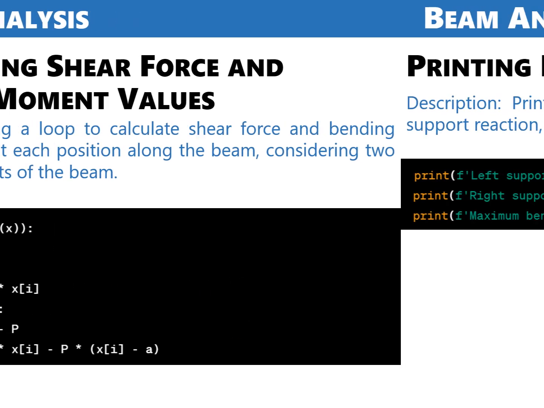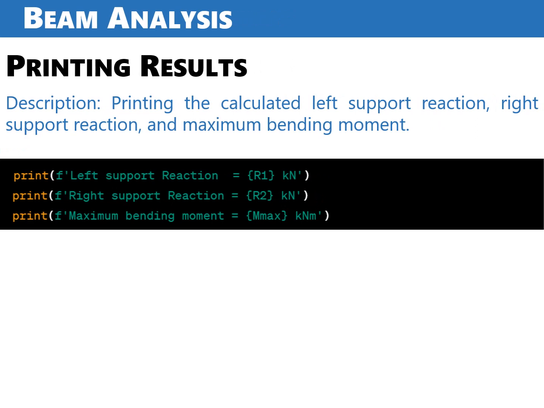So after calculating these values, we can print the important points. For instance, I have tried to print by using the formatted print command the reaction on the left hand side support, the reaction on the right hand side support, and the maximum bending moment value, M max.